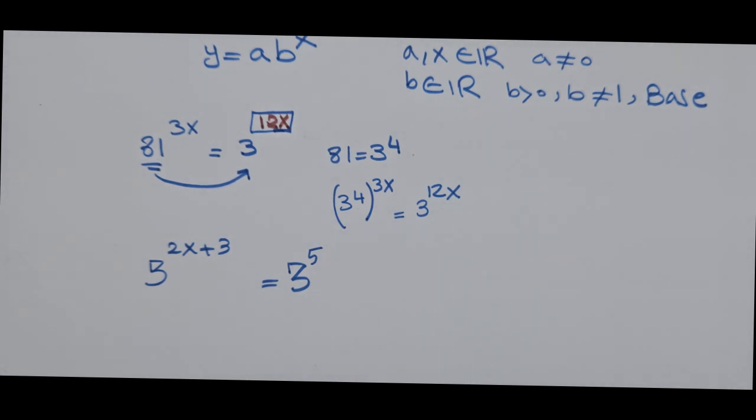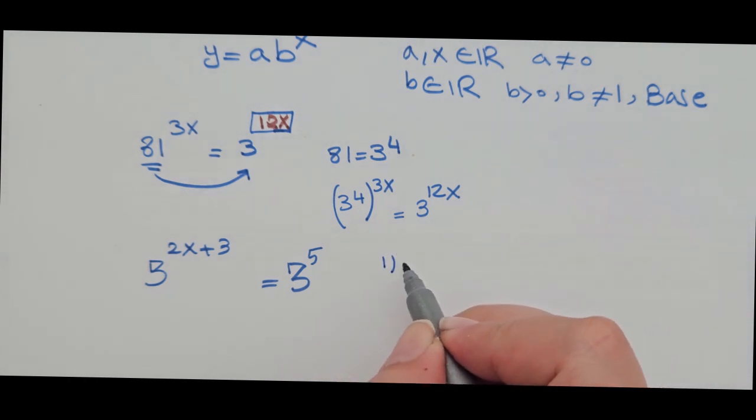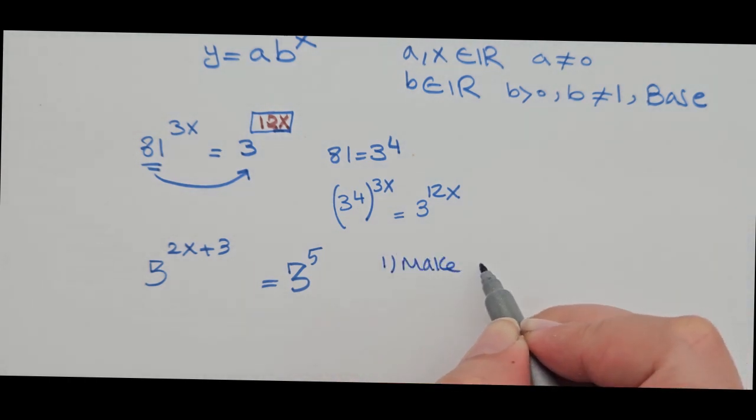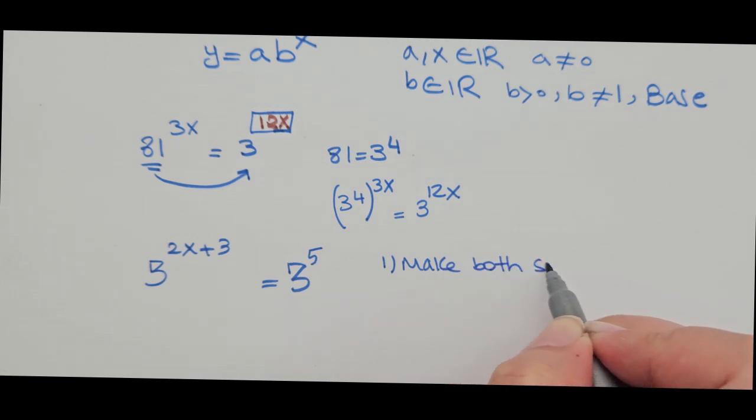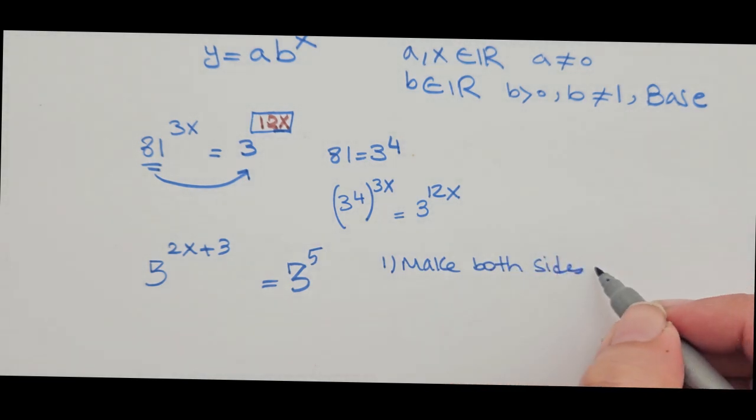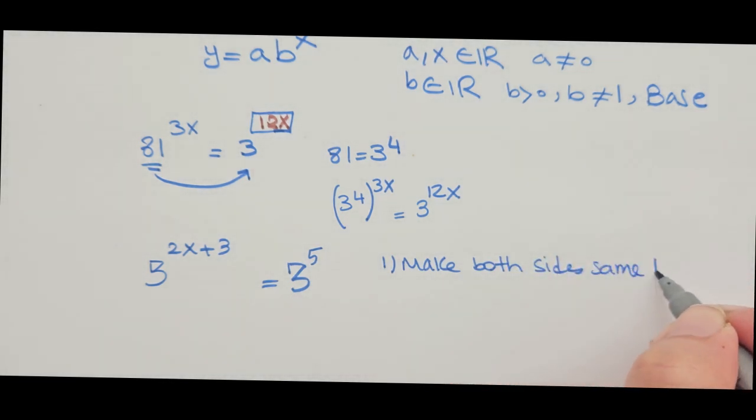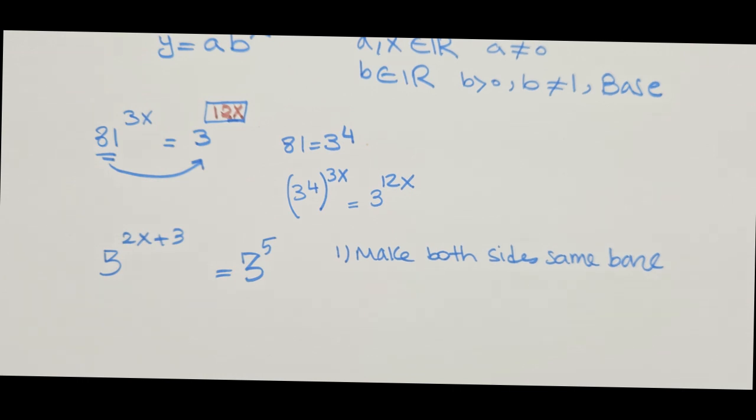If you want to solve an exponential equation, let me write it in a few steps. The first step is to make both sides the same base. So you should convert one of the sides or both sides to a common base.